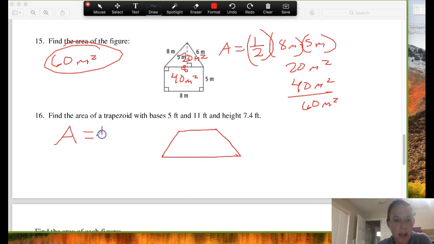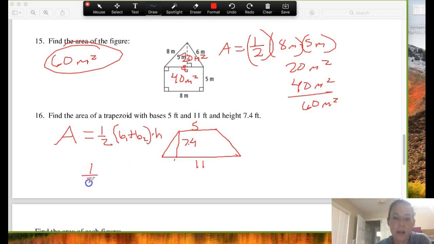That's why we do 1/2 (base 1 plus base 2). So the average of the two bases, you add them together, you divide by 2, times the height. If you have one base that's 11 feet and one that's 5, the height always goes perpendicular from the vertices. Pretend this is a straight line, and this is 7.4.